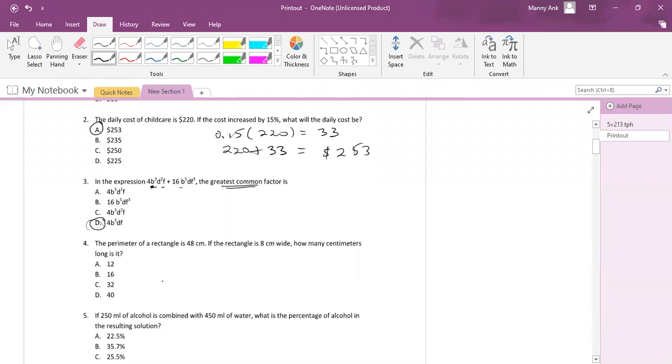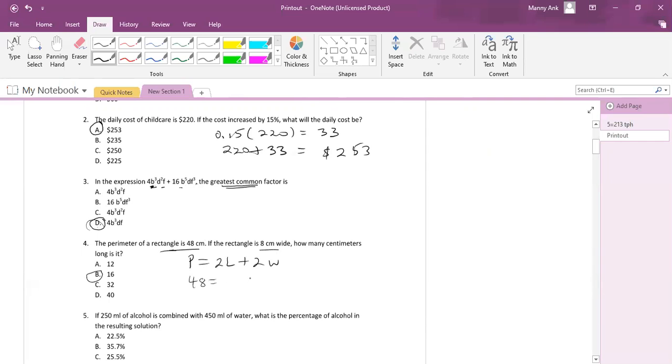Then number four, the answer is 16. You know the perimeter is given. You know the width. You want to find the length. So remember the formula, it's a rectangle. If I have a rectangle, perimeter is 2 times the length plus 2 times the width. And then you plug in the numbers. This is 48.